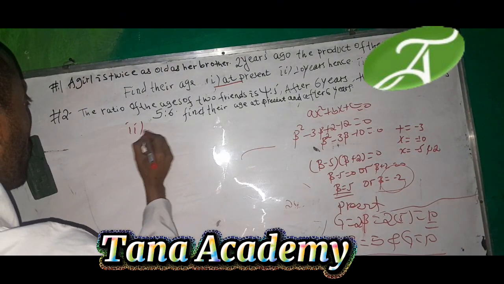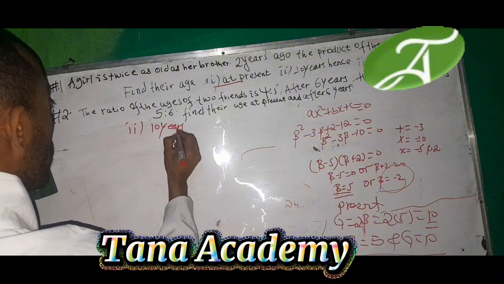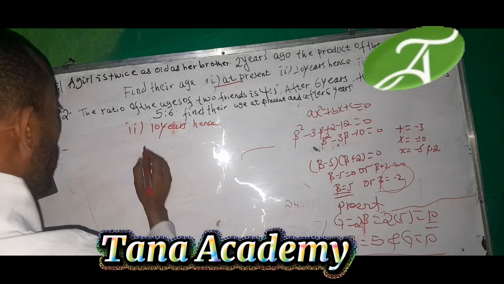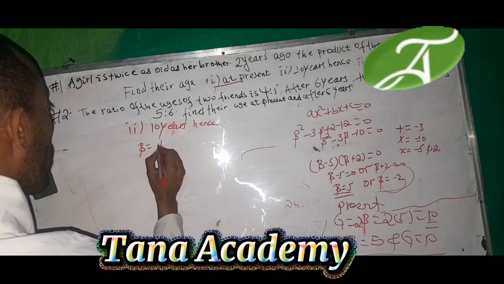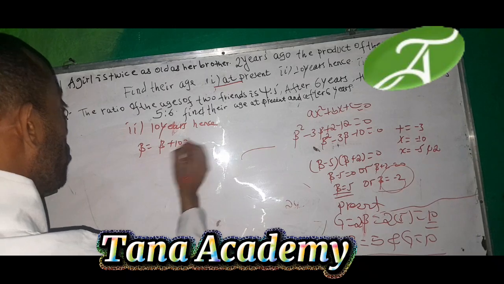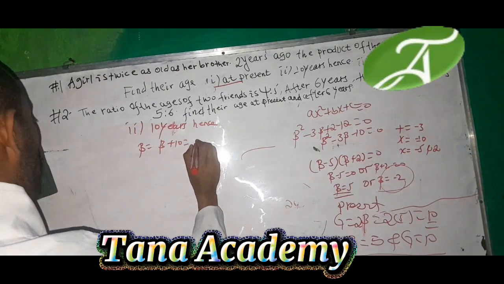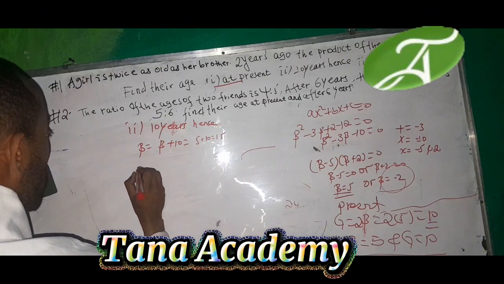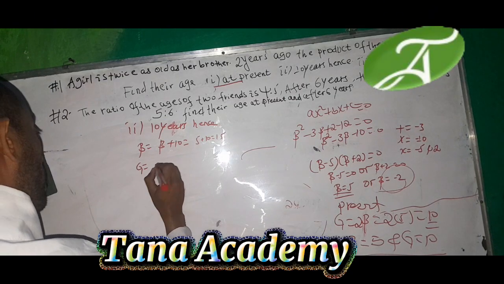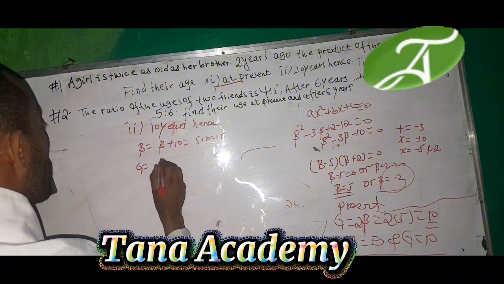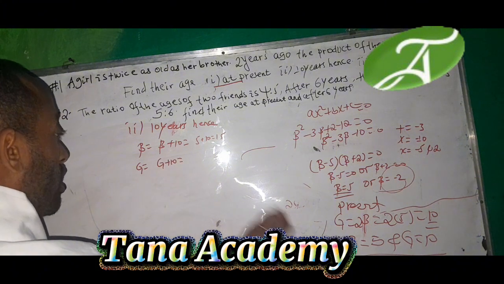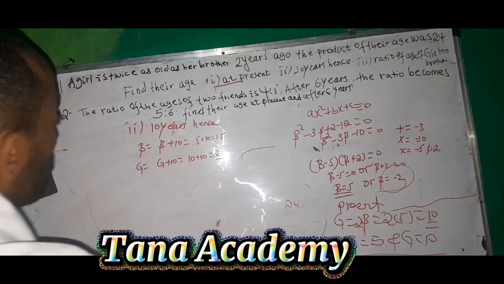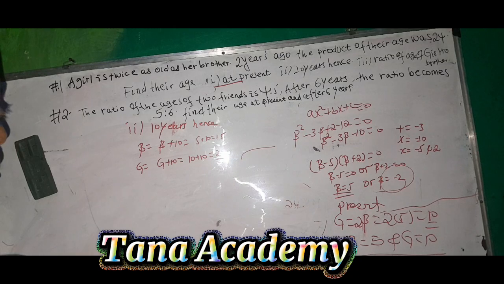B becomes B plus 10, so the brother's age is 5 plus 10, which is 15. And the girl, G, becomes G plus 10. Her current age is 10, so 10 plus 10 is equal to 20. She will be 20 years old while her brother is 15 years old.